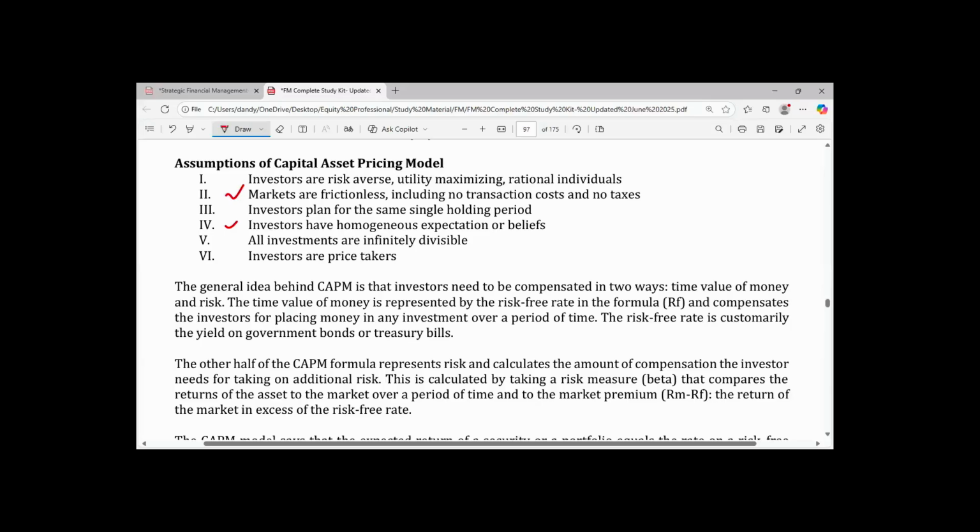One of the assumptions again is that markets are frictionless, which means that there are no transaction costs and no taxation. This is not true, because how are you going to carry out an investing decision without incurring a brokerage fee? You need to pay a brokerage fee to your broker, because as an investor you can't just go to the market.